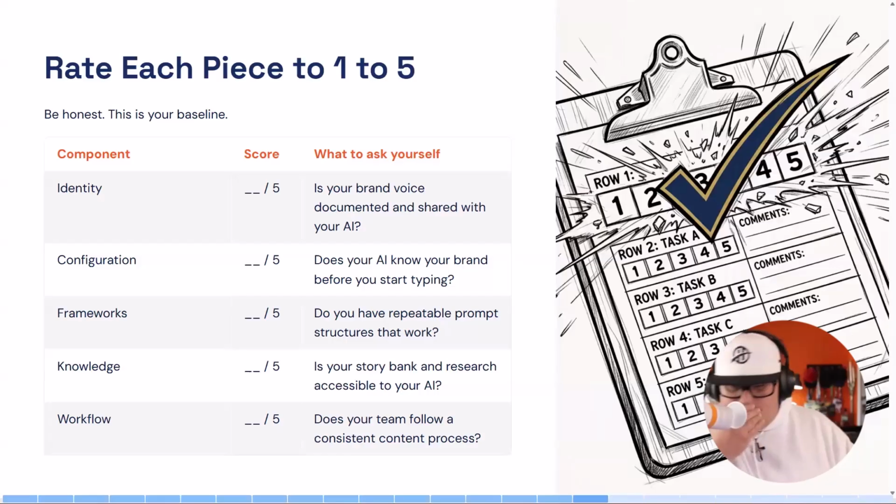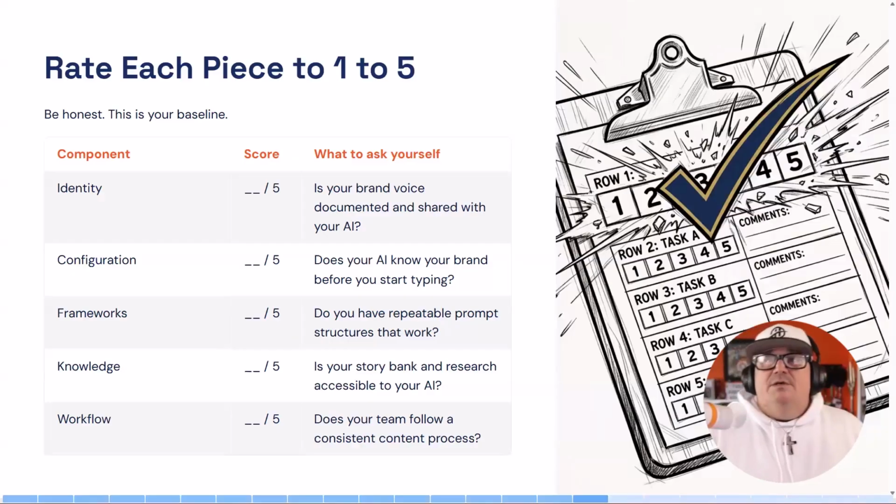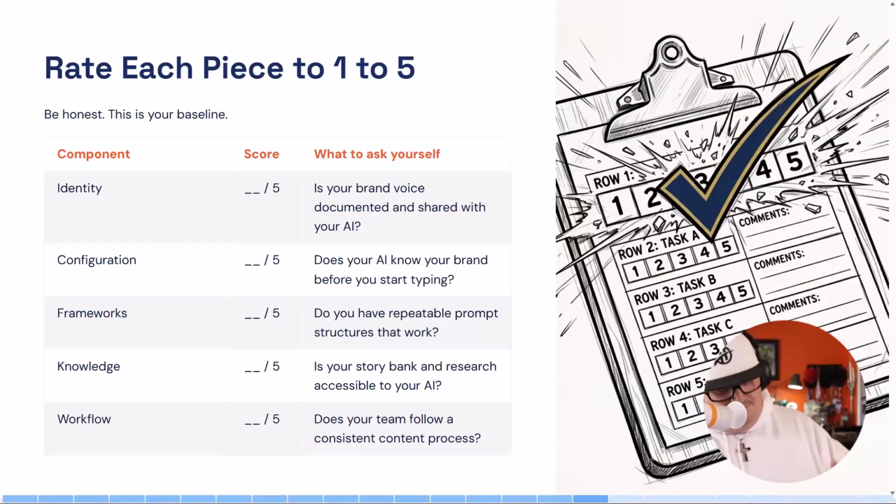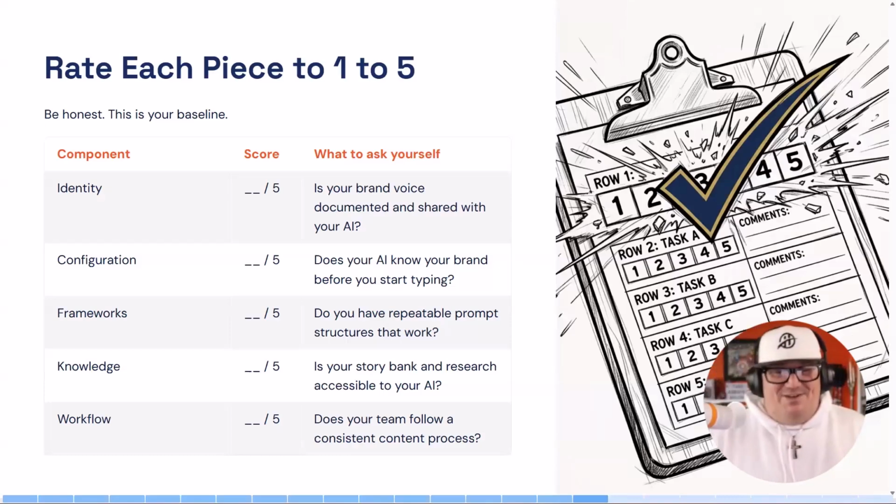So number 1. Identity. Do you currently have documented identity documents that capture your brand's values, voice, tone, personas, and examples? And does your whole team use it with AI? Score yourself on that from 1 to 5. Number 2, configuration.